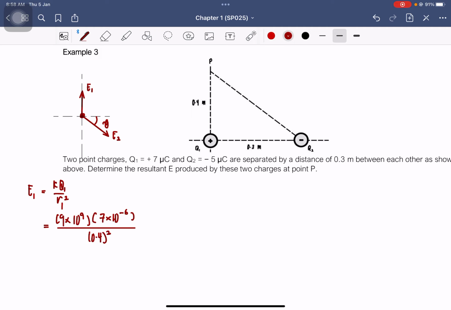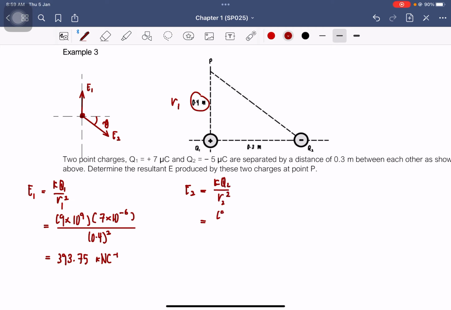This is r1, because this is the distance from point P to charge 1. So this is equal to 393.75 kilonewton per coulomb.